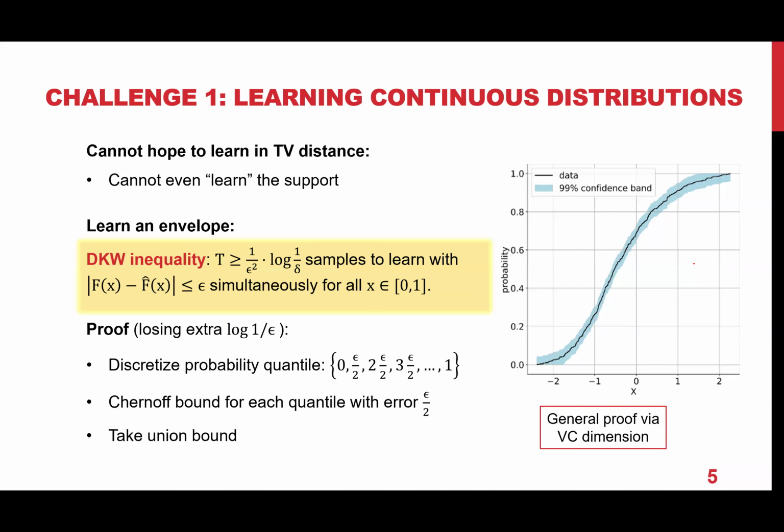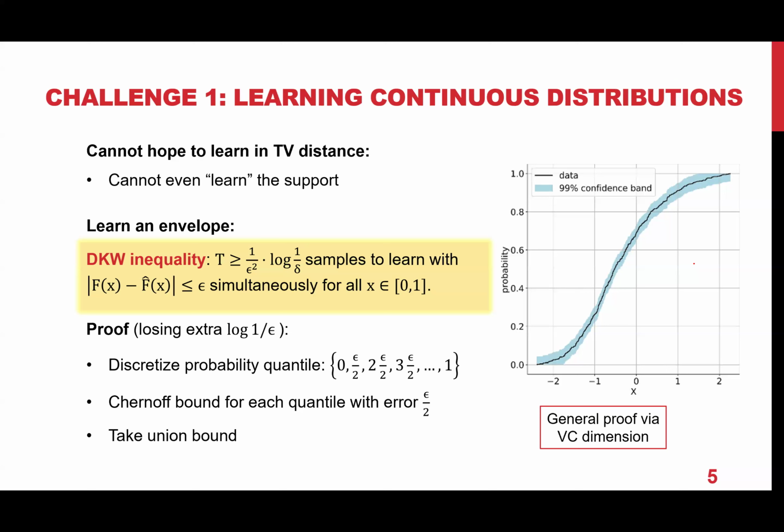A slightly weaker bound, where I'm going to lose an extra log 1 over epsilon factor here. Let's say I don't care about the extra log 1 over epsilon factor. So let's say t is greater than log 1 over epsilon times 1 over epsilon squared. Then I'll just discretize and take a union bound over all of them. The crucial aspect is I'm not going to discretize in the x space; we have to discretize in the quantile space.